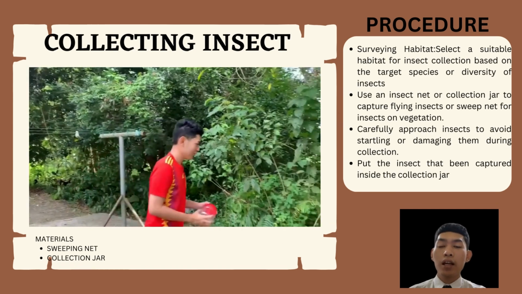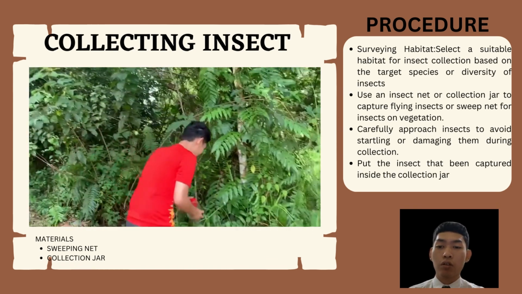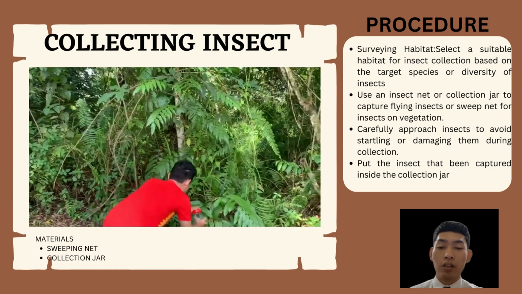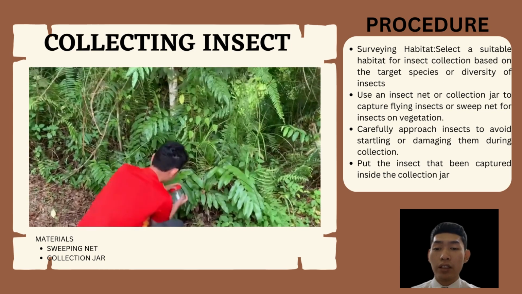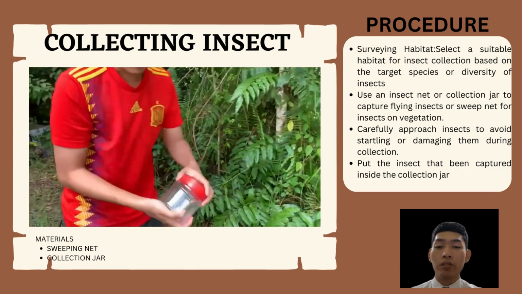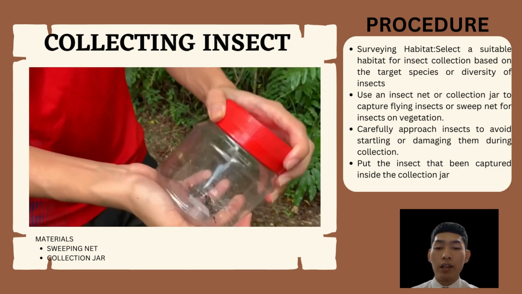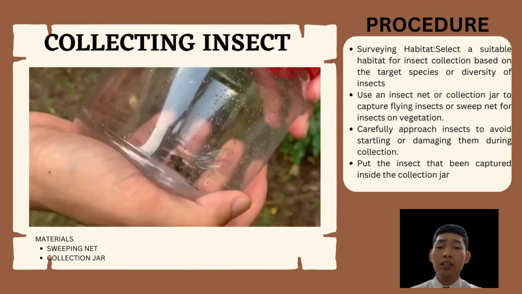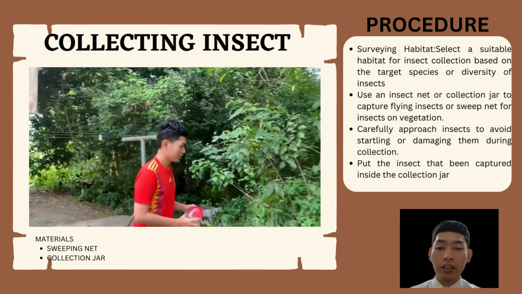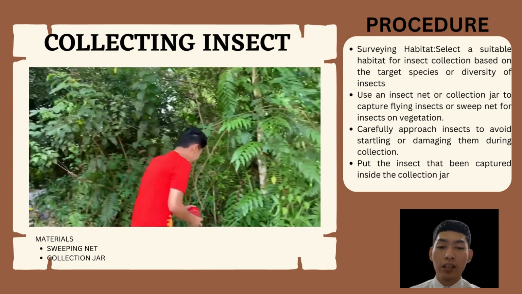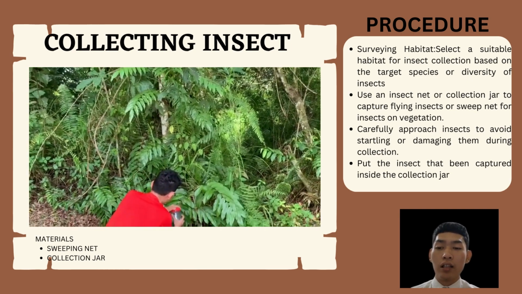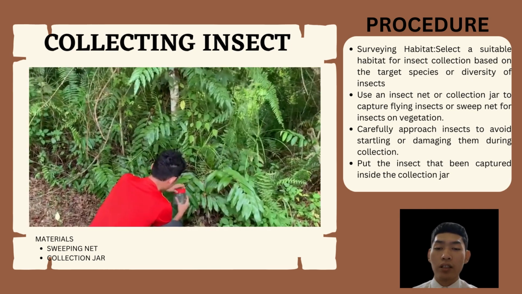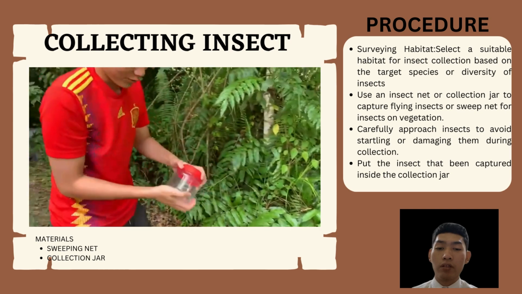So there are a few activities to complete the insect collection. The first activity for the laboratory is collecting insects. The materials needed in this step are a sweeping net and collection jar. These are the procedures for collecting insects.